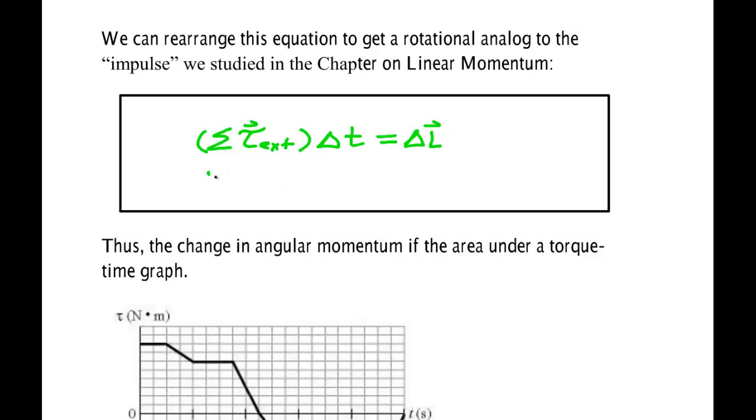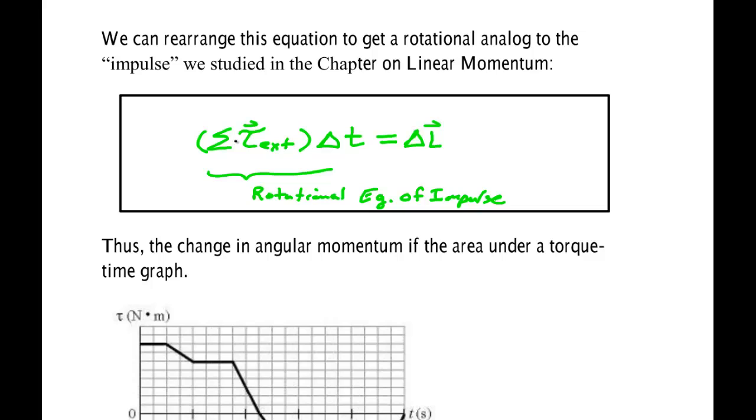So this is kind of like a rotational equivalent of impulse. It doesn't actually have a name that I know, but it is the equivalent of what impulse was. And we found that this is true if the torque doesn't change much.